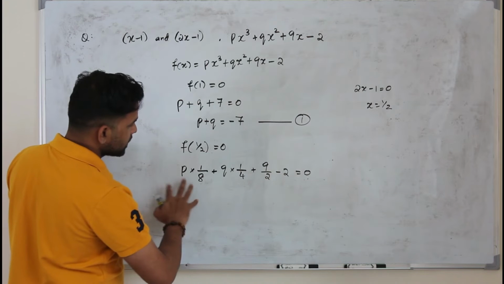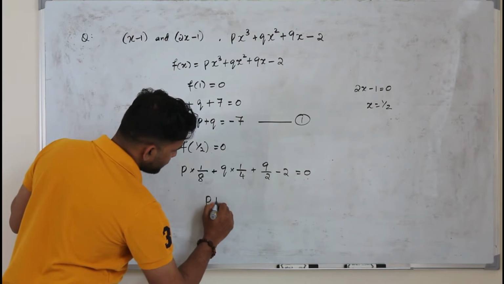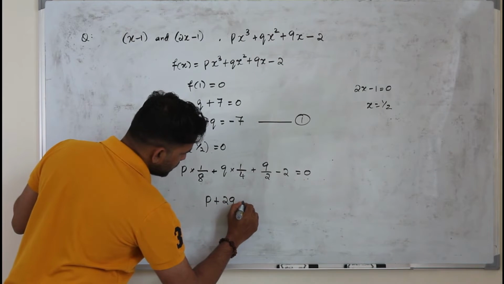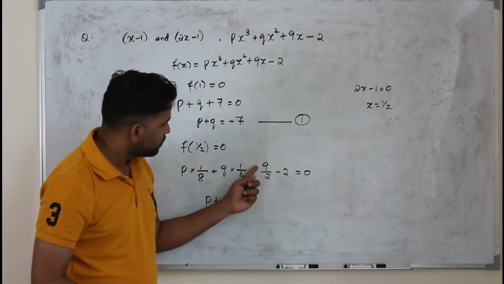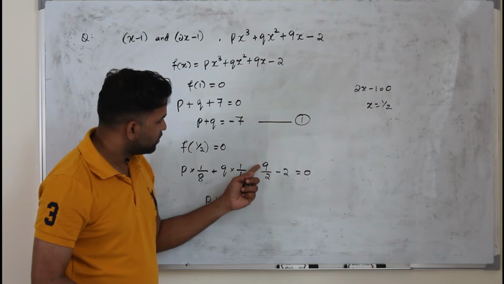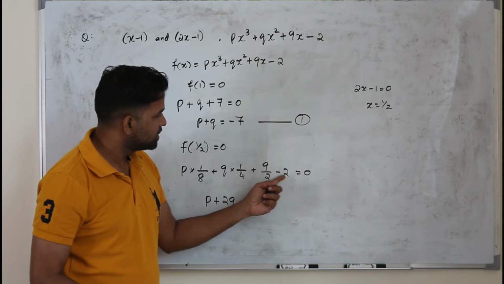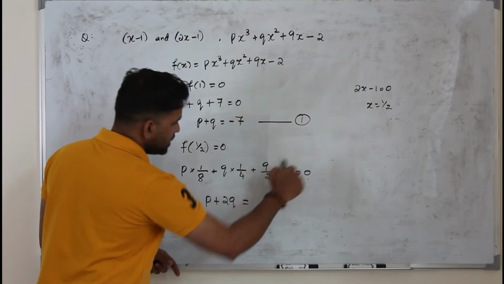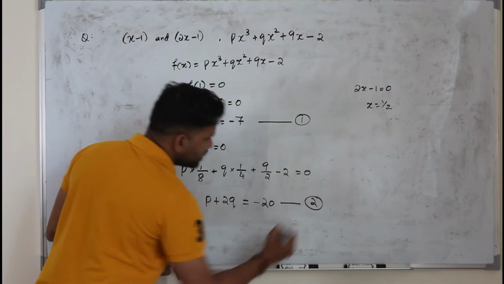p and q. So what I'm going to do, I'm going to multiply throughout by 8. So p plus 2q equals, when I multiply by 8 here, 2 and 8 can be cancelled. You'll be left with 4. 4 9s are 36. 36 minus 16 is 20. 20 goes to the other side, minus 20. That's equation 2.